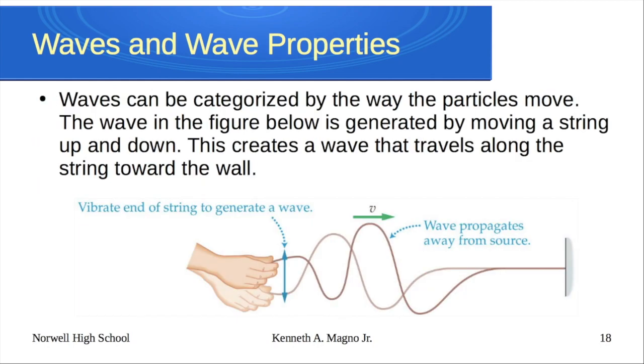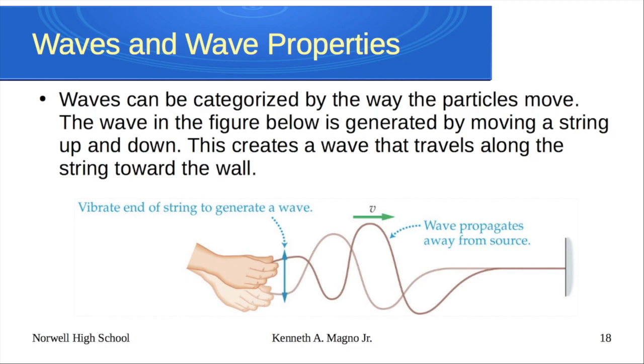We can characterize this by the fact that the particles are what are moving, but the wave itself moves the energy along. Now, there are different types of waves depending on how we move the particles. Do we move the particles perpendicular to the motion of the wave, or parallel to the motion of the wave?